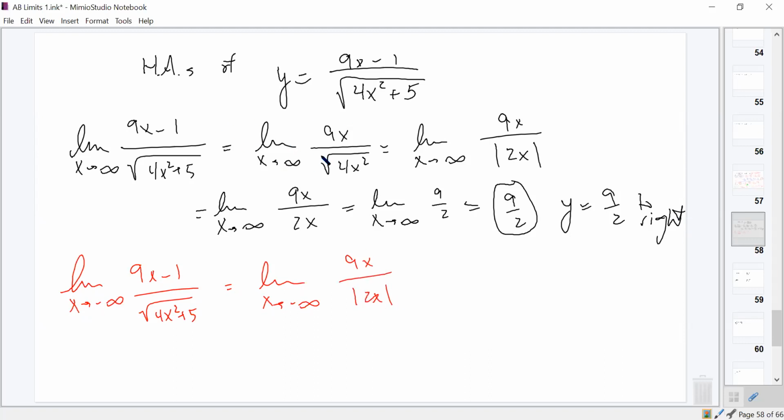I'm just going to skip this intermediary step there. And now, because the x values are negative, the thing inside the absolute value is negative, which means that when I take its absolute value, I take the opposite of 2x, right? And then this is why we get a different value for this one.